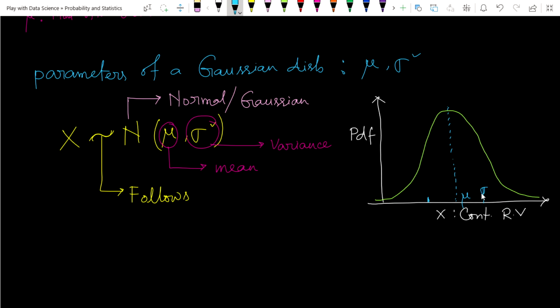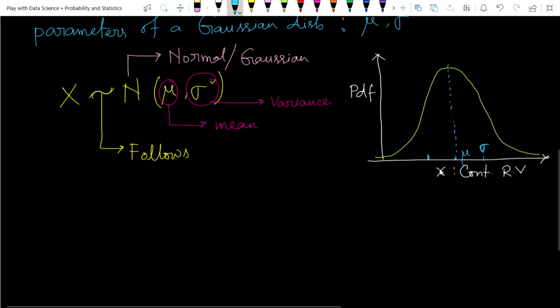Such like here. Don't be confused. The middle point is the mu first, and we will see how the variance is useful to plot these things. Just bear with me.